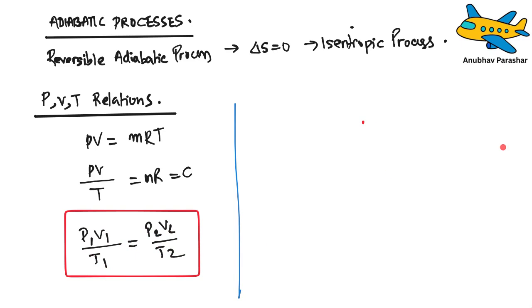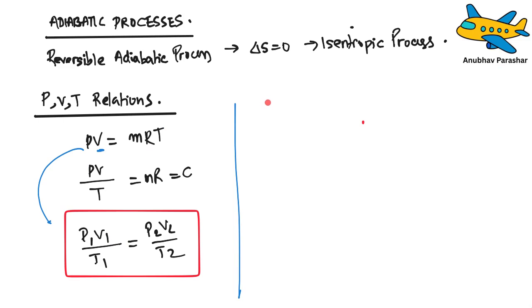Now, again, let us take the volume from this equation and try to substitute it in this equation. We can always say volume is equal to mRT by P. If you substitute it in this equation, or let me do one thing, let me make it even easier.